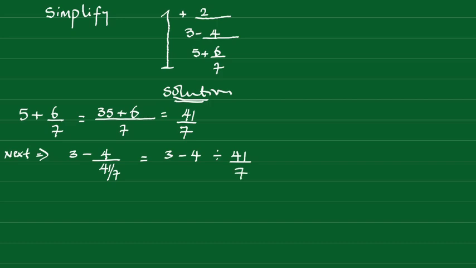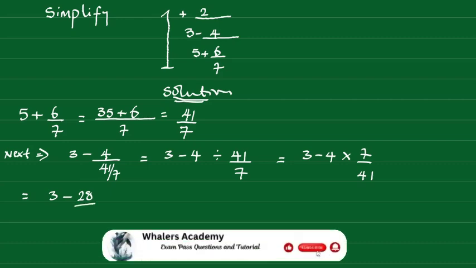We convert our division to multiplication. So we'll have 3 minus 4 times 7 goes up, 41 comes down. So we have 7 over 41. This in turn is equal to 3 minus 4 times 7 gives us 28 over 41.